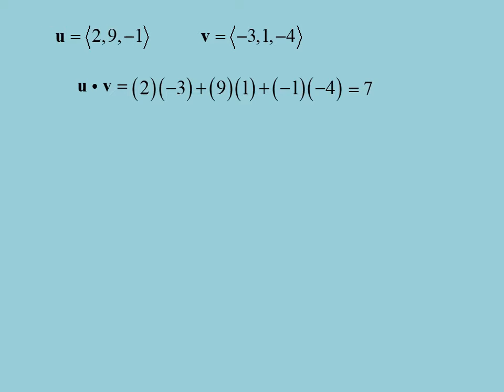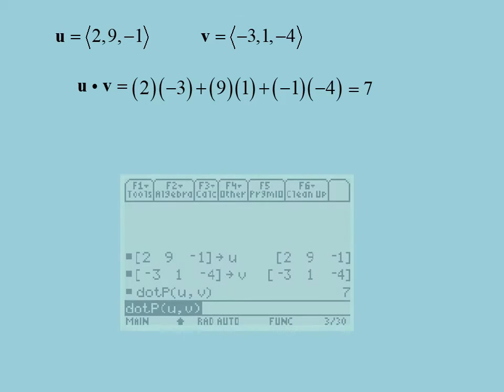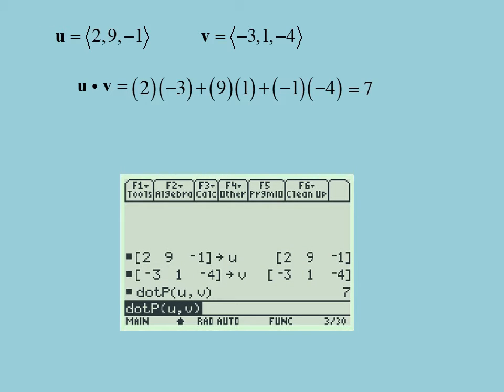And this is an easy enough operation to do without any assistance from the calculator. However, the TI-89 has built in a function called DOTP, which you can get through the catalog or simply by typing the letters DOTP.